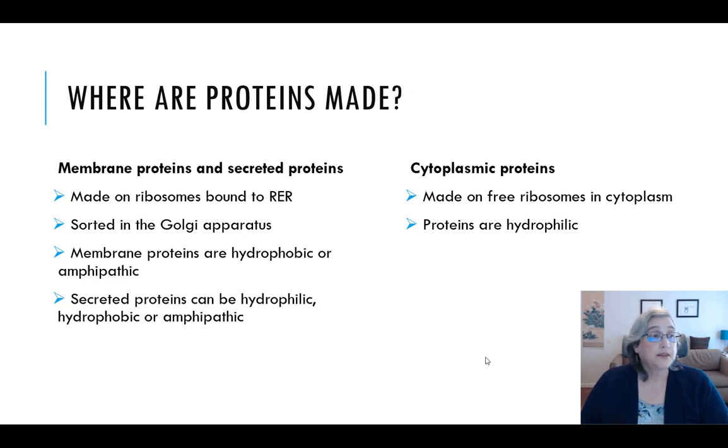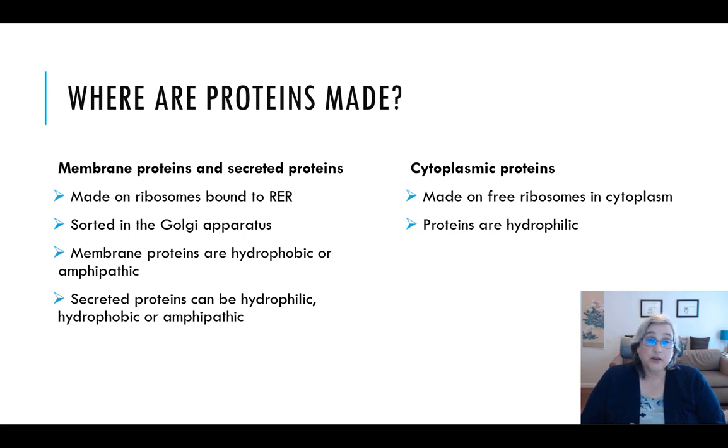Remember that the free ribosomes are making proteins that are going to be in the cytoplasm, and they are going to be hydrophilic, water-loving. But the proteins that are made on the ribosomes that are bound to the endoplasmic reticulum are going to be either membrane proteins, proteins that are going to live in some membrane inside the cell, or they're going to be proteins that are secreted outside of the cell.